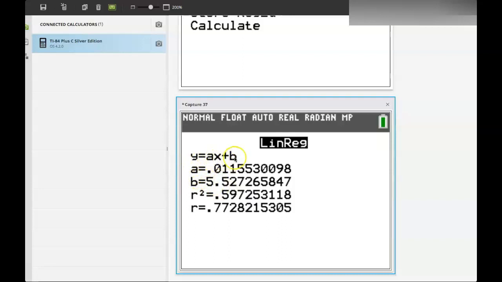Now y equals ax plus b. A is the slope, b is the y-intercept. So our slope is 0.01155, and I want to round that to 0.0116. And here the y-intercept is 5.5273, so I'm rounding that one too. And here our r, or correlation coefficient, is 0.7728.